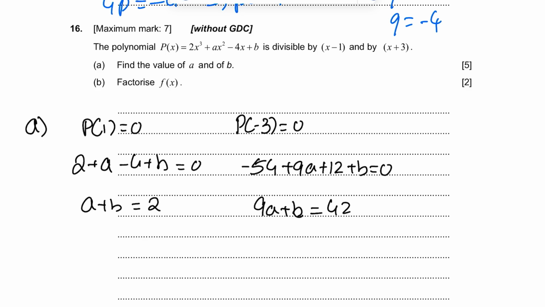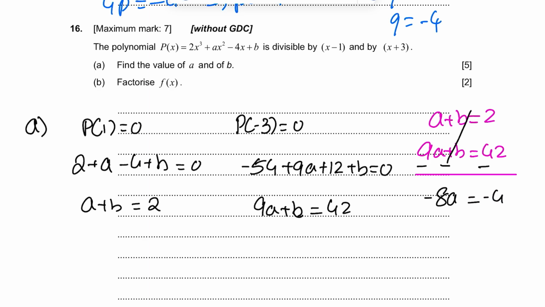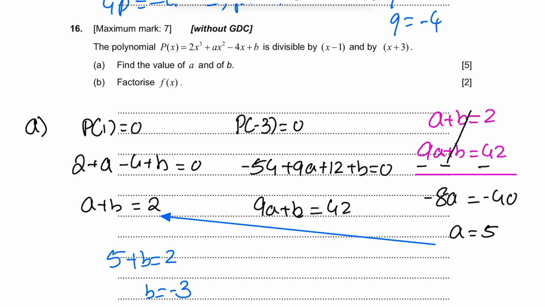So I got two equations, solve those two equations. a plus b equals 2, 9a plus b equals 42. Then subtract these both. Negative 8a equals negative 40, a equals 5. Plug in a equals 5 in the first equation. So 5 plus b equals 2, b equals negative 3.